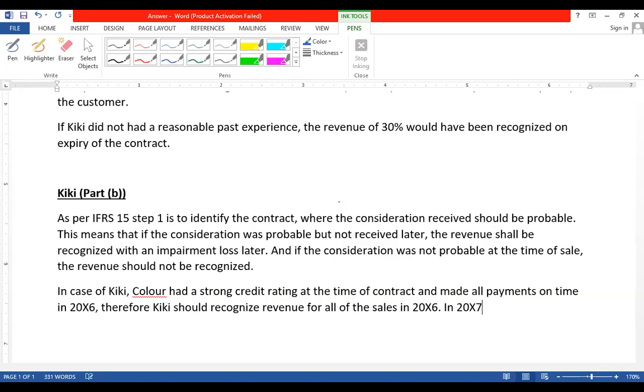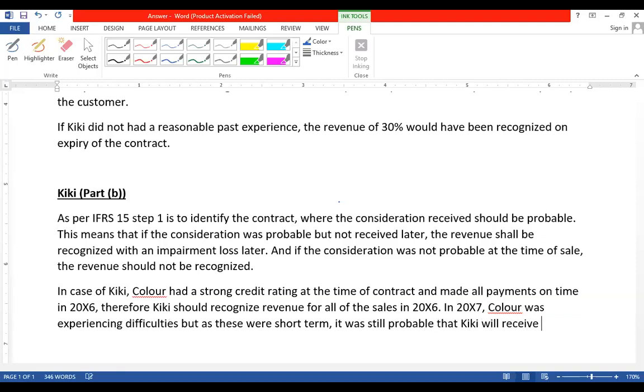In 20x7, Color was experiencing difficulties, but as these were short term, it was still probable that Kiki will receive the payments.